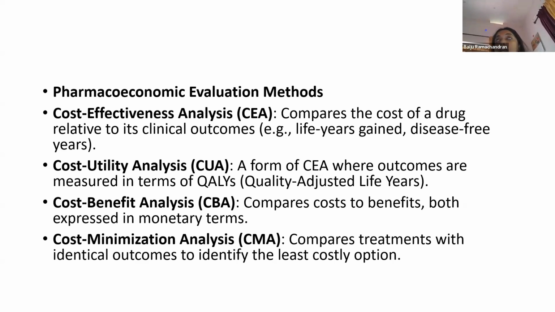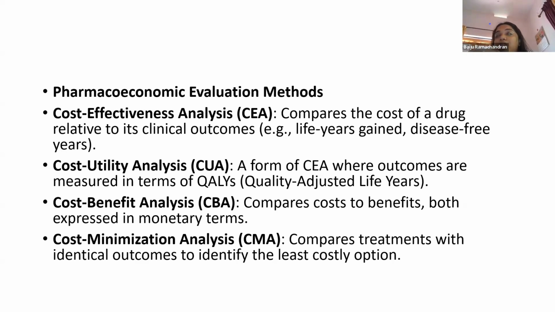Say a patient has cancer and the doctor says if you take treatment A, he will live for 10 years, but in those 10 years he will need to take chemotherapy, medicines and so on. That is the treatment A condition.